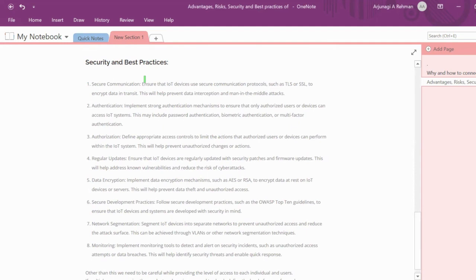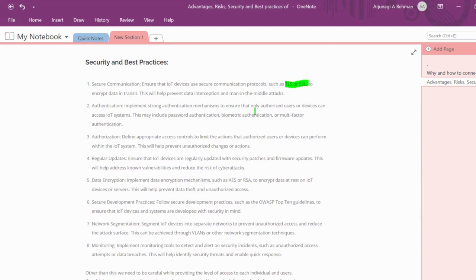Ensure that IoT devices are secure by using secure communication protocols such as TLS or SSL. In a future video, we will dive deep into these two protocols. They encrypt data in transit. This will help prevent data interception and man in the middle attacks.